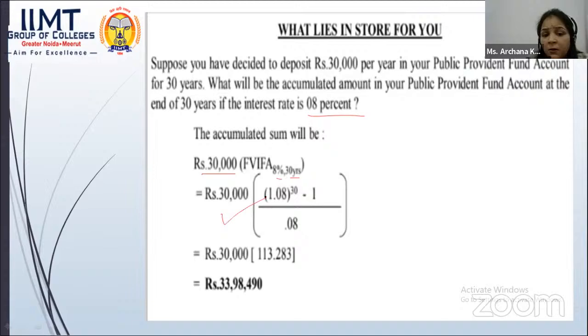We can use this particular formula approach, or we can use the table approach. After applying either, you will get the value 33,98,490, which you will get after 30 years of making investment in the PPF account.